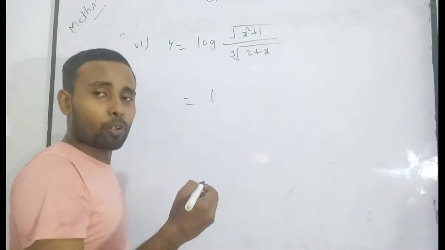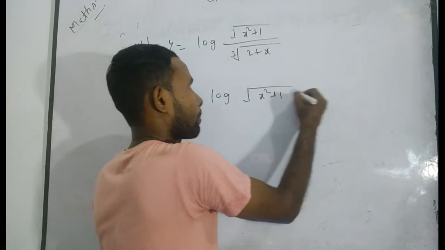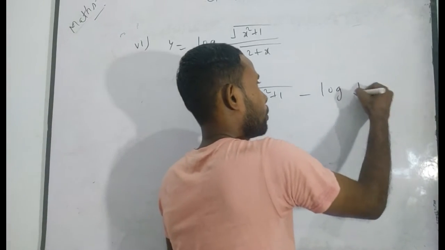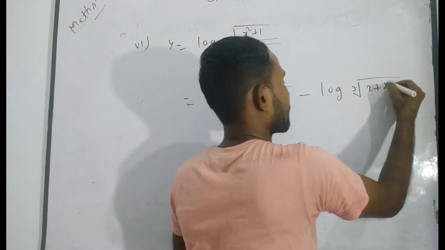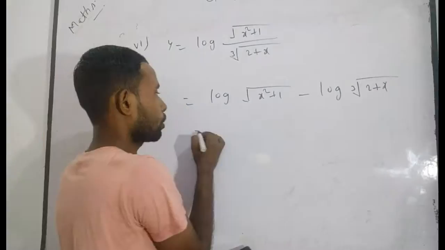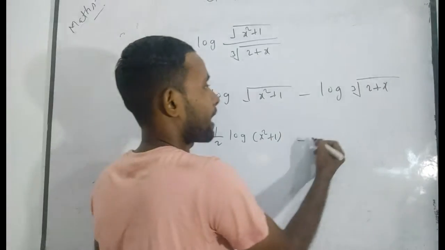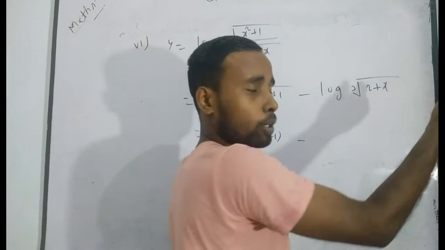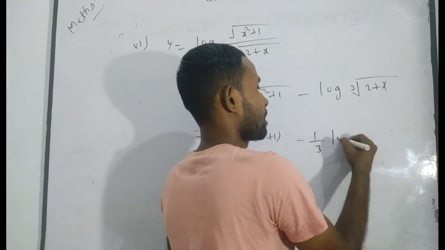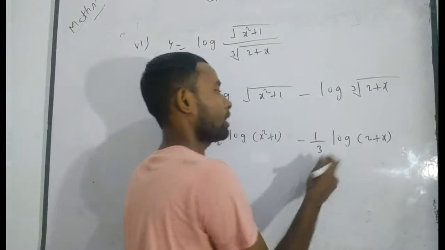Use the quotient rule of log: log root under x square plus 1 minus log cube root of 2 plus x. Now as you know, this root represents power 1 upon 2. So you can take 1 upon 2 outside with log x square plus 1, minus this, which represents 2 plus x whole to the power 1 by 3. So you can take 1 upon 3 log 2 plus x.